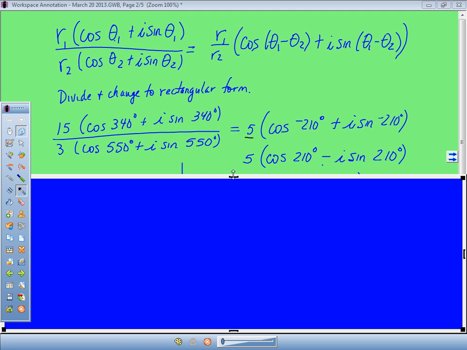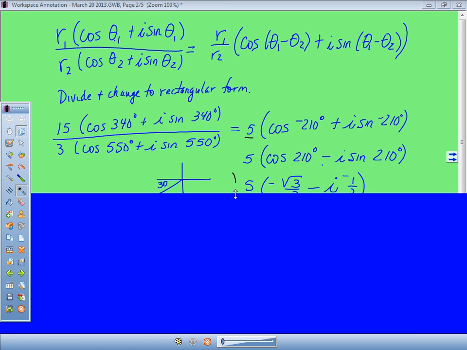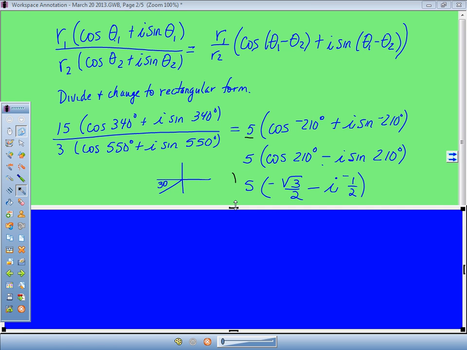However, this one wanted us to change back to rectangular form. So we actually had to convert it back by figuring out what was the cosine of 210 degrees and the sine of 210 degrees. Well, being the special angle experts that we all are now, I went, 210 is in the third quadrant, and it had a 30-degree reference angle. So we needed the cosine of 30, which is square root of 3 over 2.